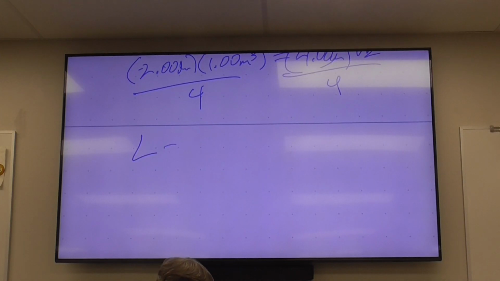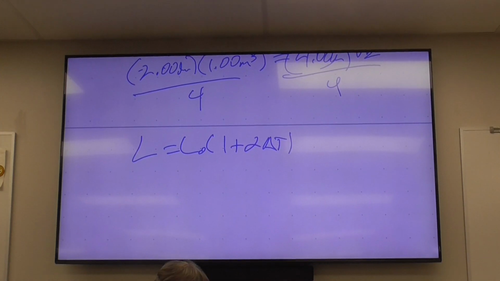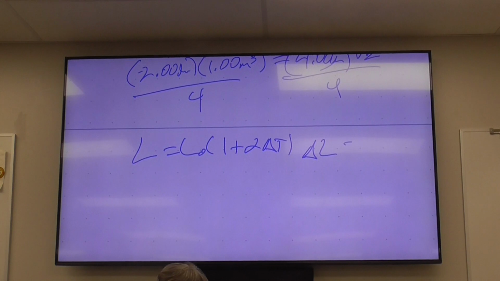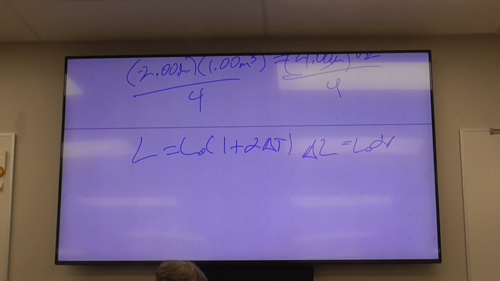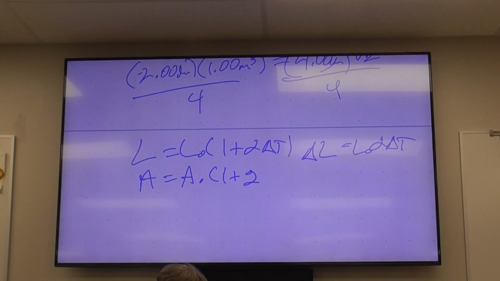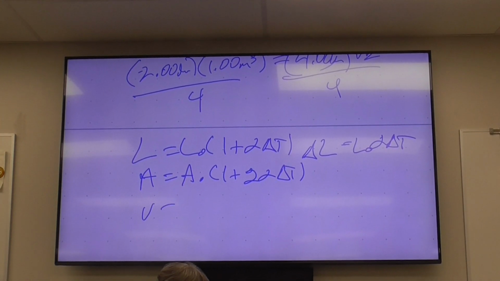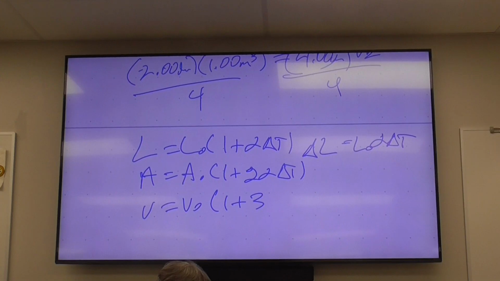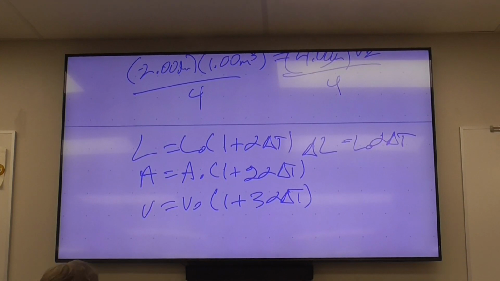It's got L equals L naught (1 plus alpha delta T), and then you have delta L equals L naught... Okay, now let's talk about these equations. These give you either the amount of linear expansion, area expansion, or volume expansion.